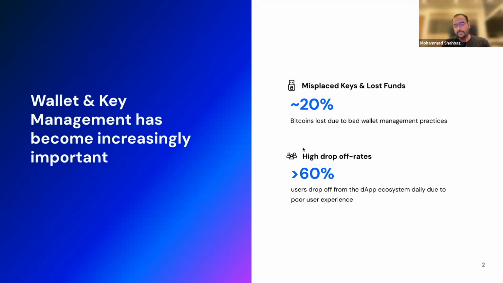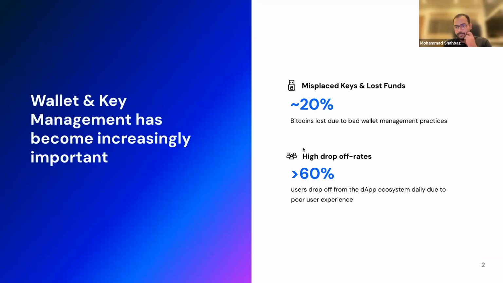Then there are high drop rates because of the complex onboarding process. If you have seen MetaMask onboarding or any other wallet which uses seed phrases, and I would say Phantom has a similar approach, people have started feeling that it's very difficult to onboard people, right?